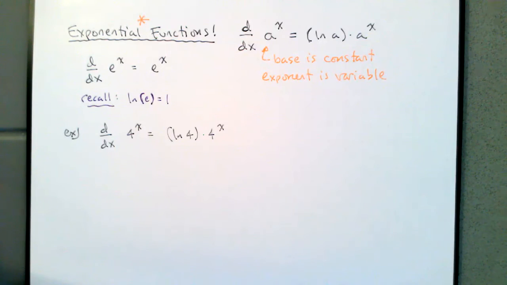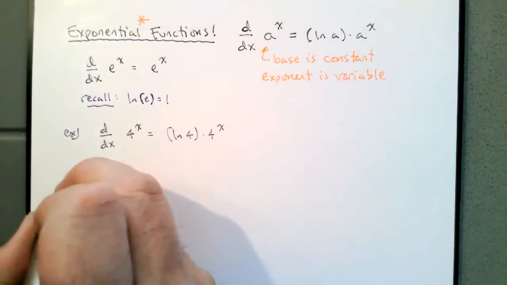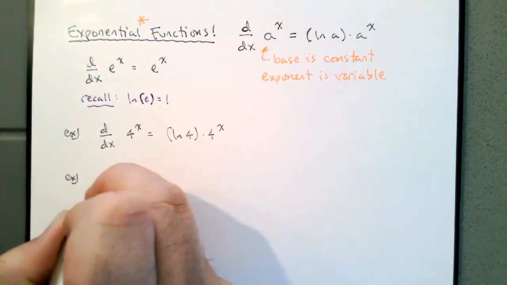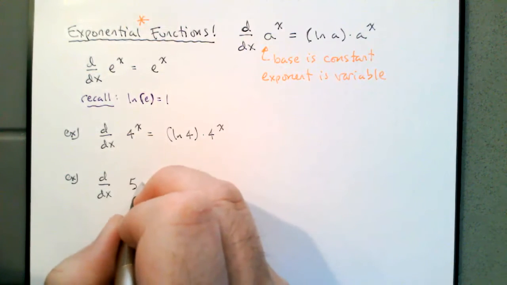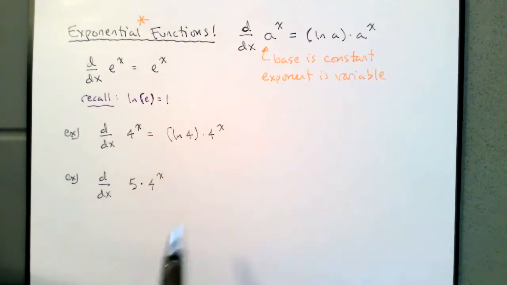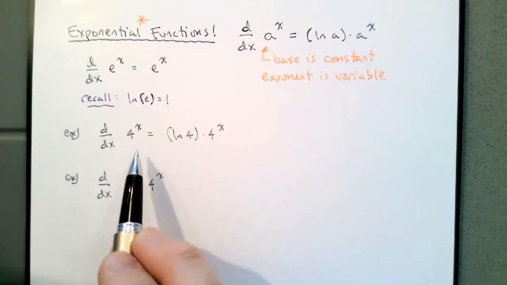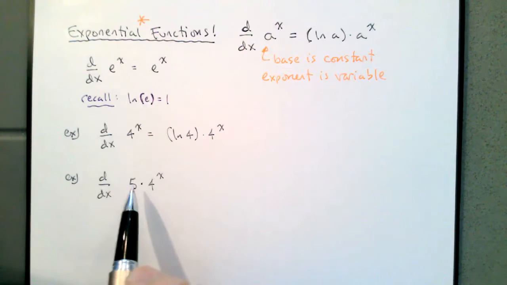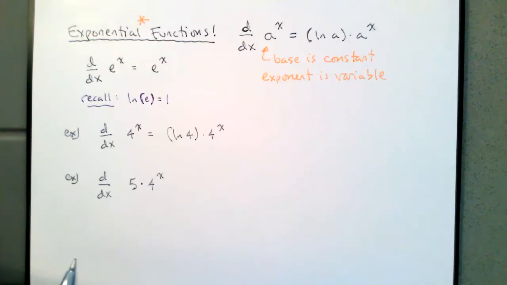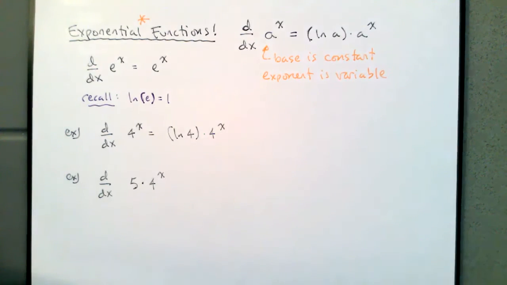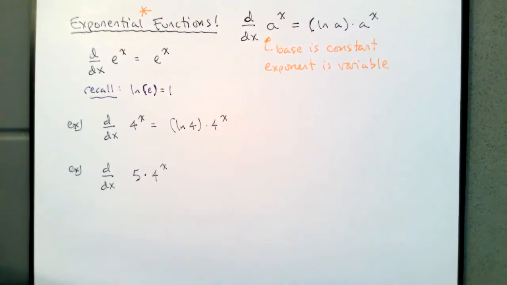The other rules for derivatives also apply. So if I have a constant multiple of 4 to the x, for example, if I want to find the derivative of 5 times 4 to the x, this is just a constant multiple of my previous one. 5 is a constant multiple of the 4 to the x. Constant multiples just get carried along. The derivative is a linear transformation.